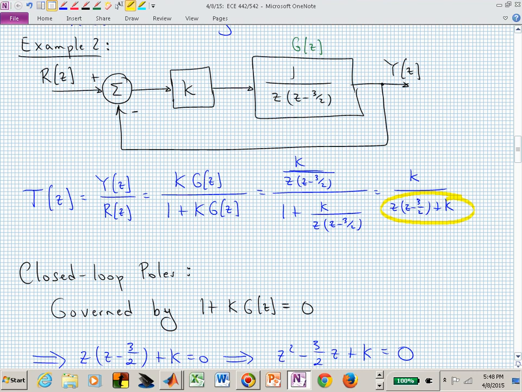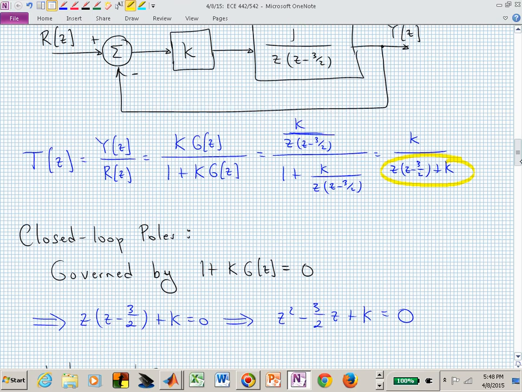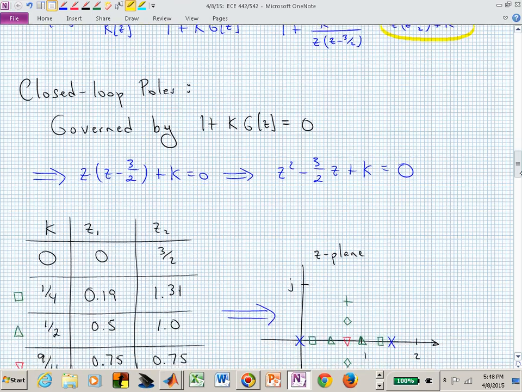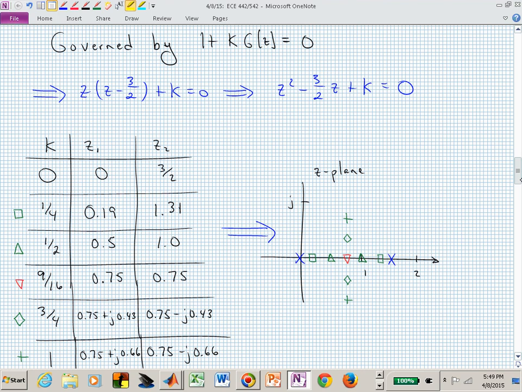At k equal to 0, what are the roots of that closed loop polynomial? 0 and 3/2. Those are our open loop poles at k equals 0. Now as we adjust k, we move k to bigger and bigger numbers, you'll get the root locus.